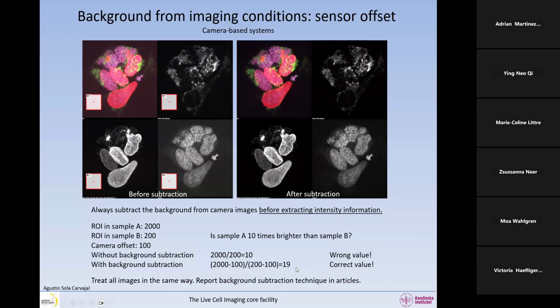So the difference between sample A and sample B is much higher than we think. And that is because we need to subtract the background, okay? And this is the correct value. So treat all images in the same way and report that you've done background subtraction in your articles. But remember that on the camera-based system, if you extract intensities from the images and you have some quite dim samples, you absolutely must subtract the background.